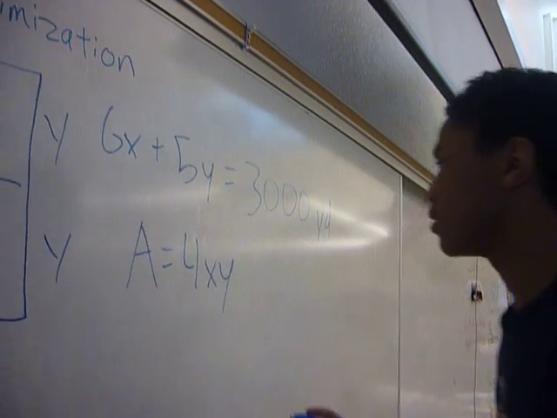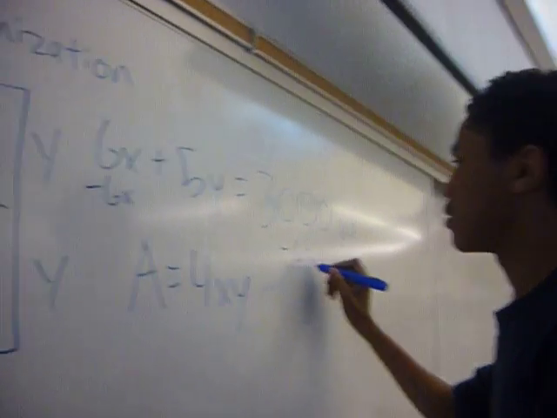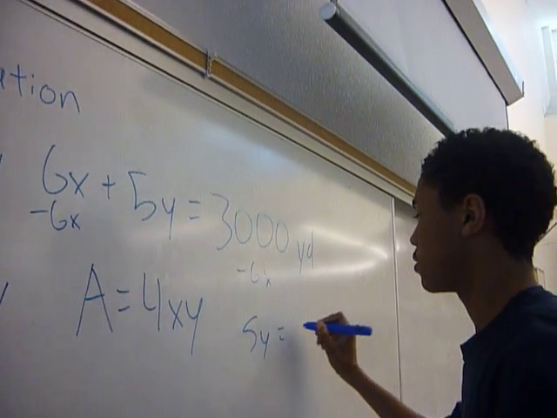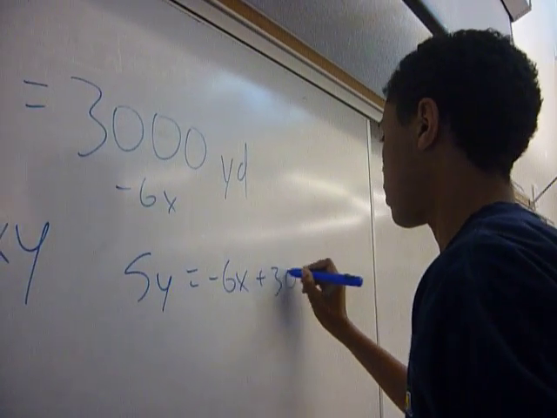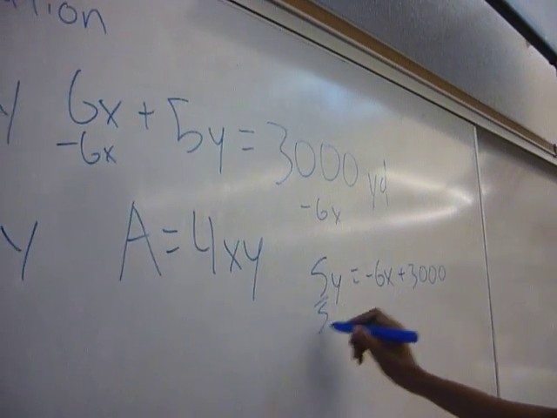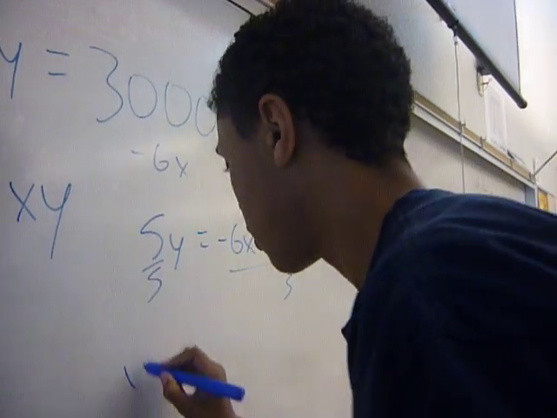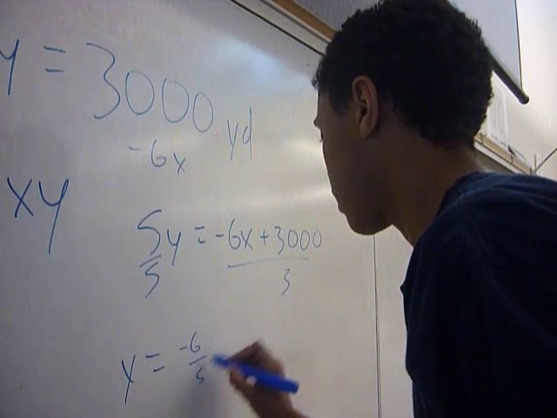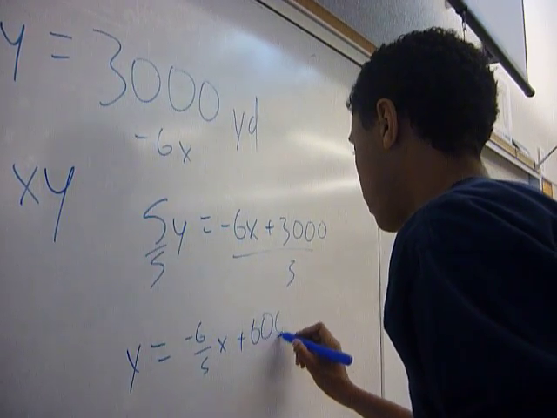So the next thing we would do is subtract 6x from both sides. And what you end up with is 5y equals negative 6x plus 3,000, sorry. And then you divide both sides by 5, and you get y equals negative 6/5 x plus 6,000.